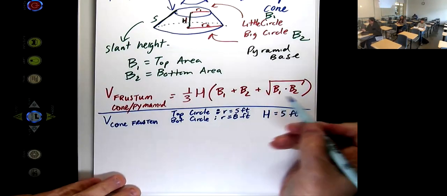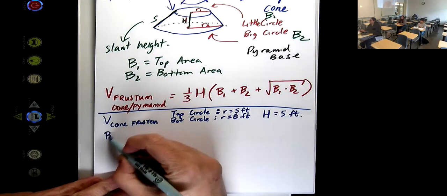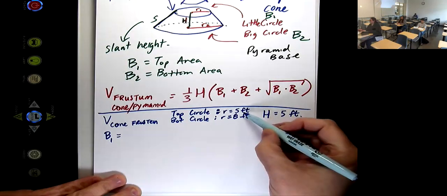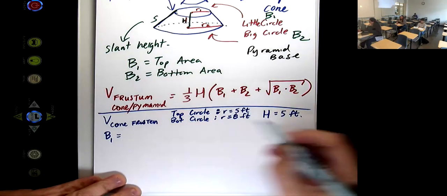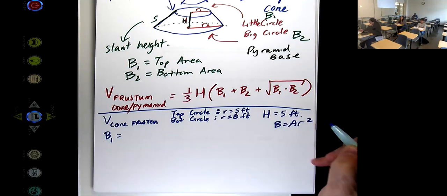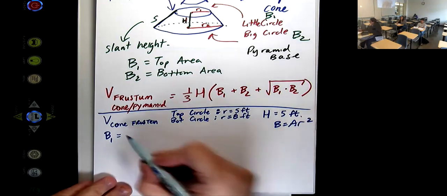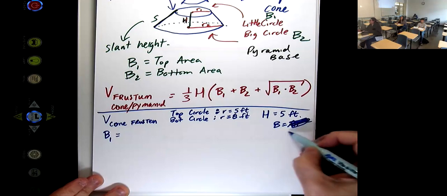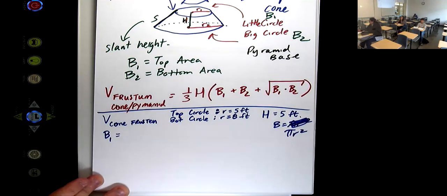All right, so base 1. We want the area of a circle with radius 5 feet. So for both circles, the base is going to be pi r squared, because that's the area of a circle.